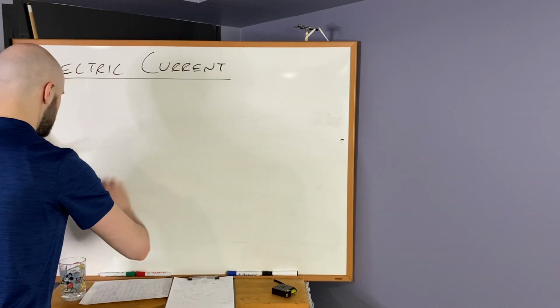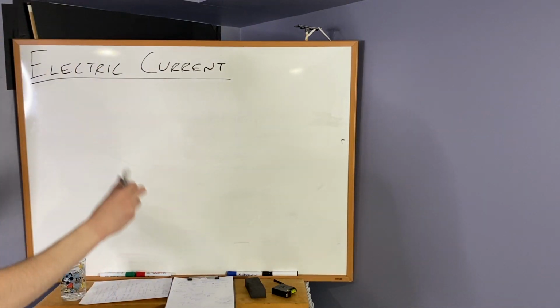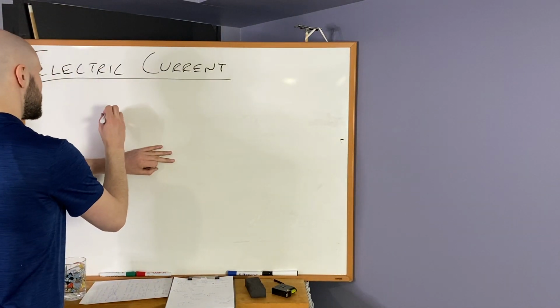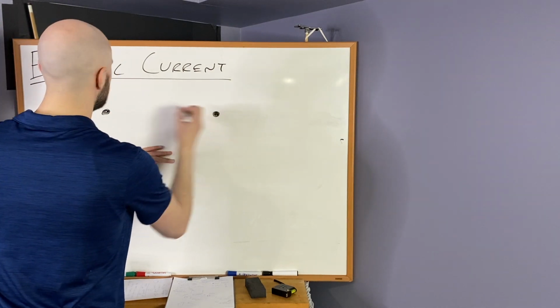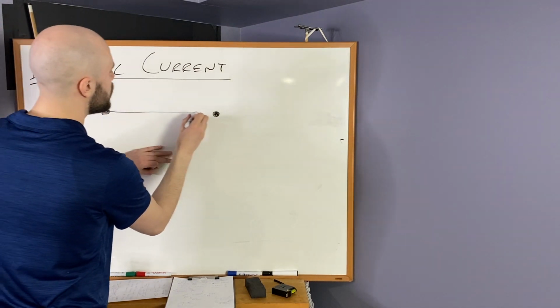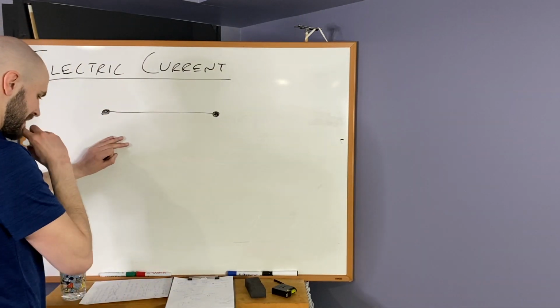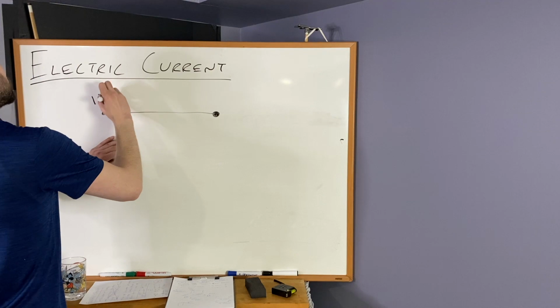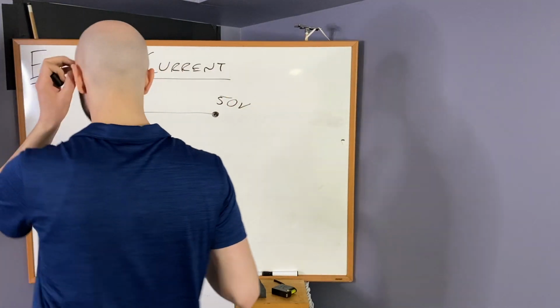So I said that current will only flow when there's a potential difference between two locations. Let's say I have location A here, location B here, connected by some conductor where current can easily flow. This is, let's say, 100 volts in this location. This is 50 volts in this location.